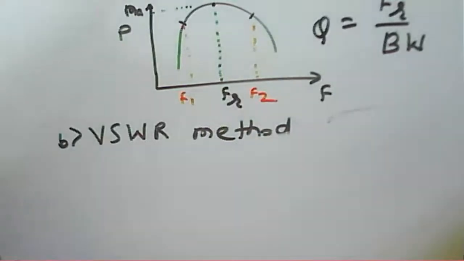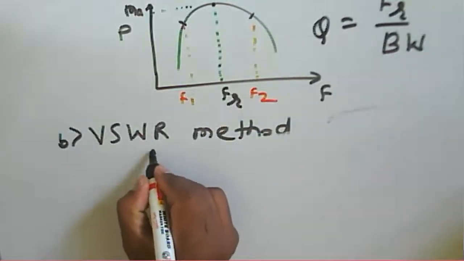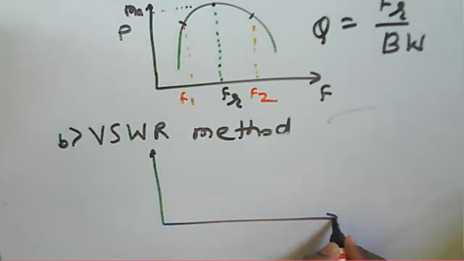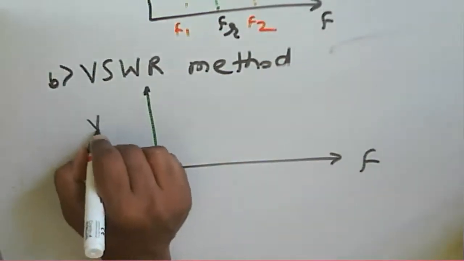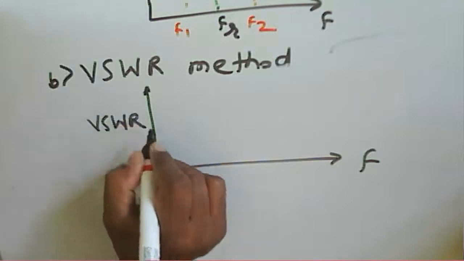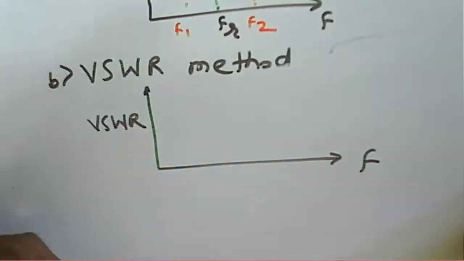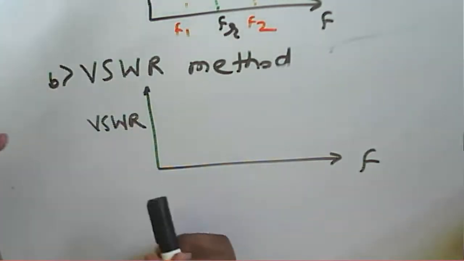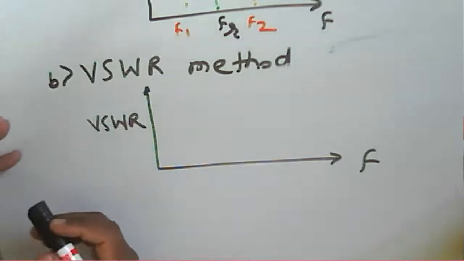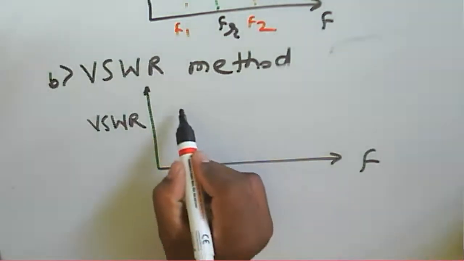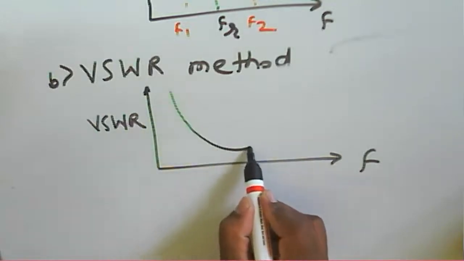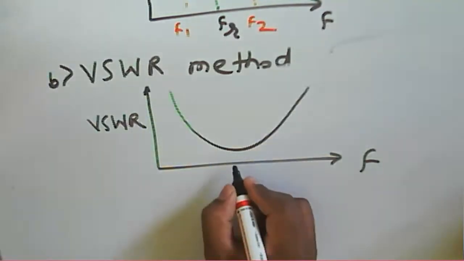Now the graph looks like this. This one is the frequency, and this one is the VSWR. When we propagate a signal through the cavity with varying frequency, at the resonating frequency your VSWR will be very, very low.